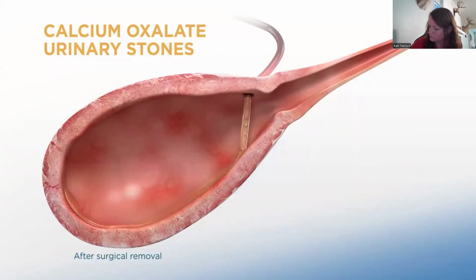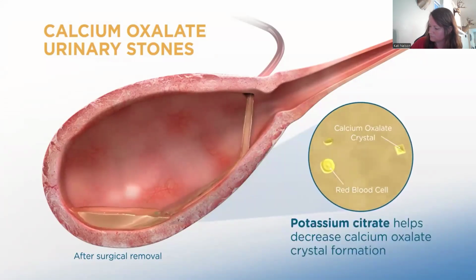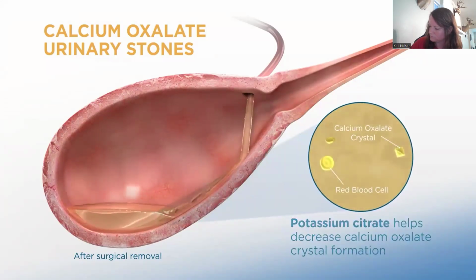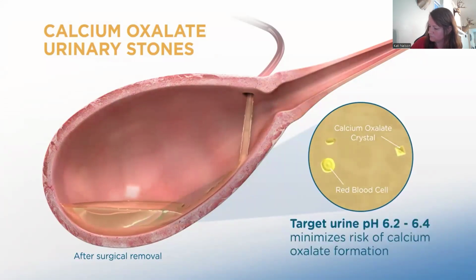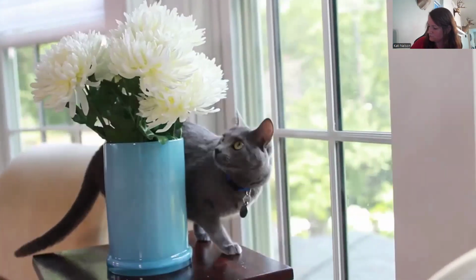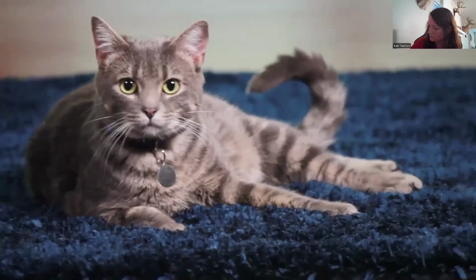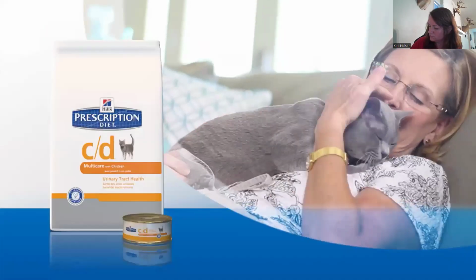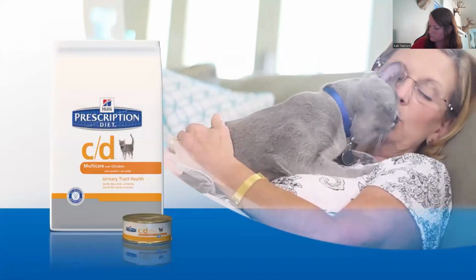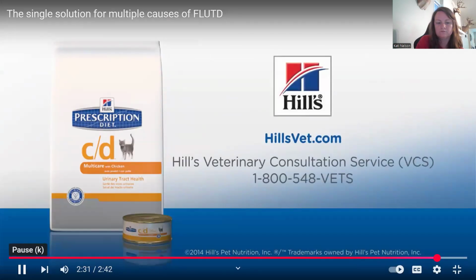CD Multicare has controlled amounts of calcium and oxalate and added potassium citrate to help decrease the formation of calcium oxalate crystals and the risk of stone recurrence. For your feline patients, recommend the single solution to manage the most common causes of FLUTD, Hill's Prescription Diet CD Multicare. For more information, visit hillsvet.com or call Hill's Veterinary.